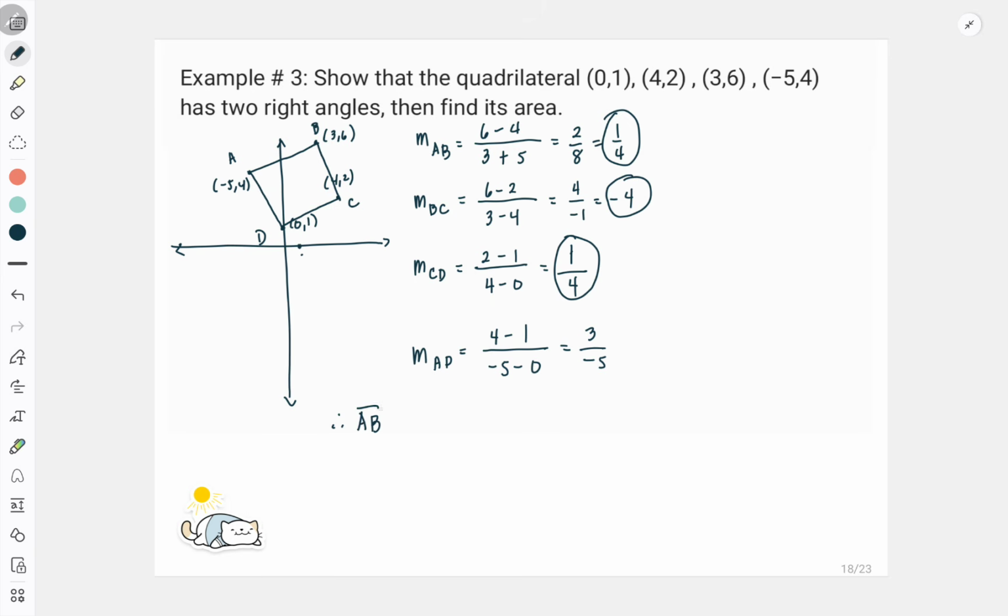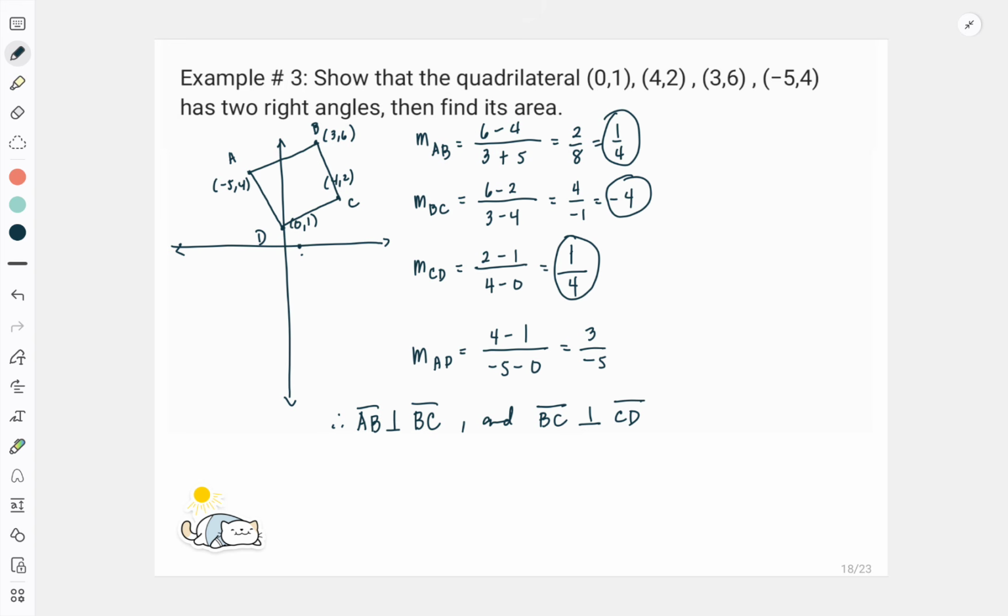Line segment AB is perpendicular to line segment BC. And line segment BC is also perpendicular to line segment CD. But aside from that, there's no other perpendicular.